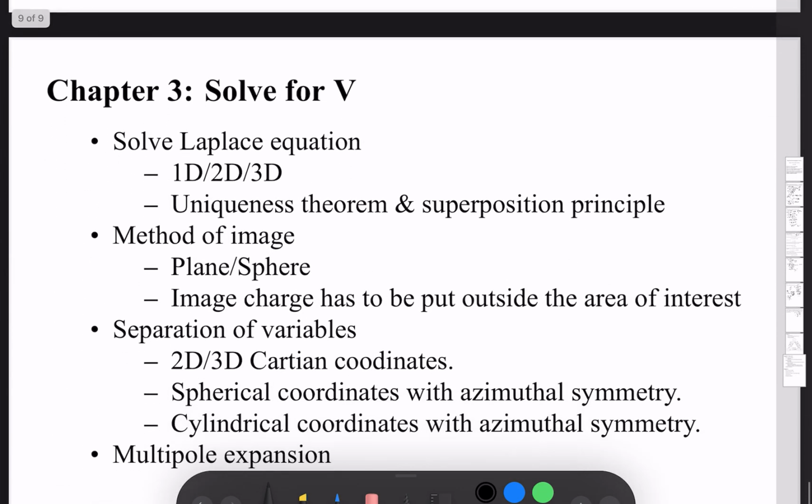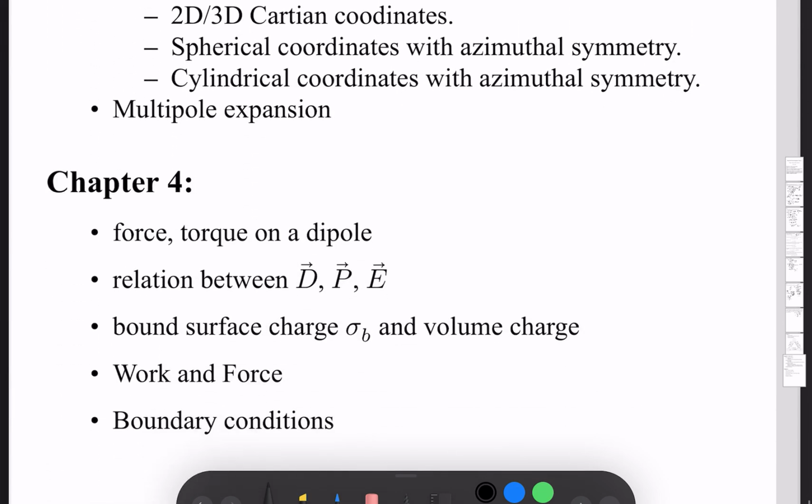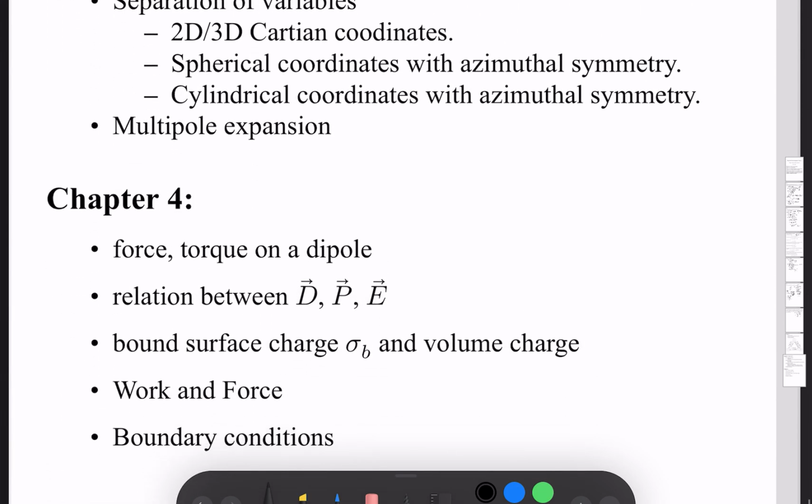In chapter 3, we learned some techniques to solve for this scalar potential V. And in chapter 4, we simply added the dielectric material into the problem. There are two different kinds of dielectric material: one is the permanently polarized material, and another is the linear dielectric material.